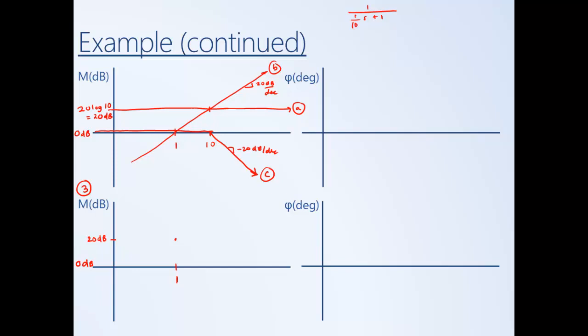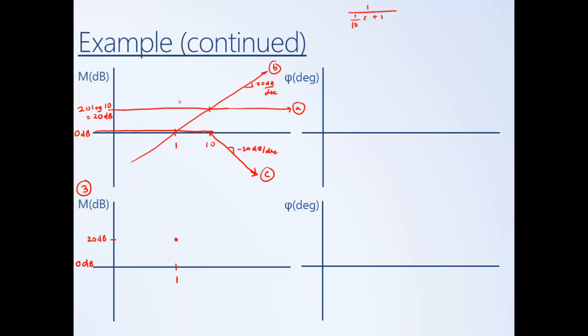We can do that at all the frequencies in essence, and plot a bunch of dots and connect the dots. A more efficient way to do this is once we've located a single point on the magnitude plot for our total transfer function, we can then just work based off of the slopes.